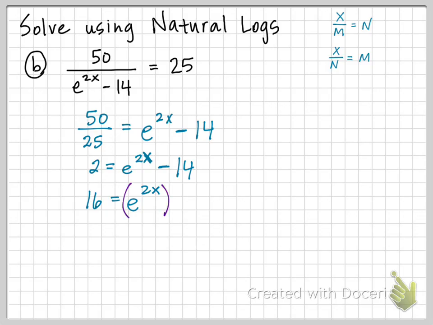I'm going to 1/2 both sides because it's going to get rid of my exponent of 2. So I'm going to get 4 is equal to e to the x. From here, I'm then going to see that if I have base power equals argument, I can convert that to a log, which is called the natural log of 4 equals x. And that would be my solution.